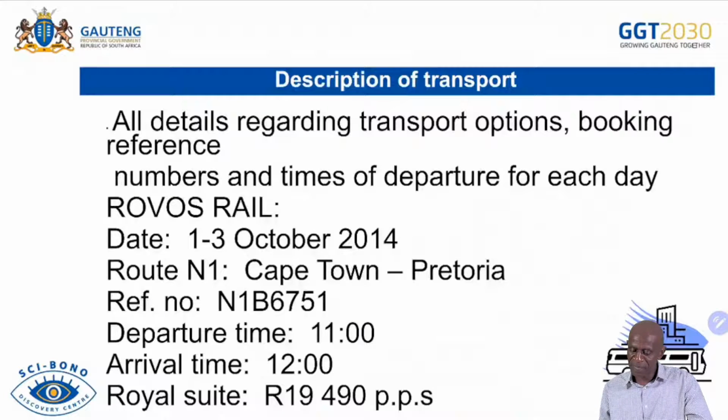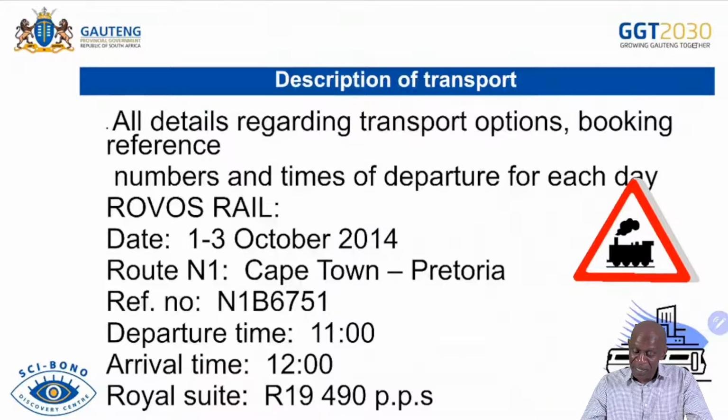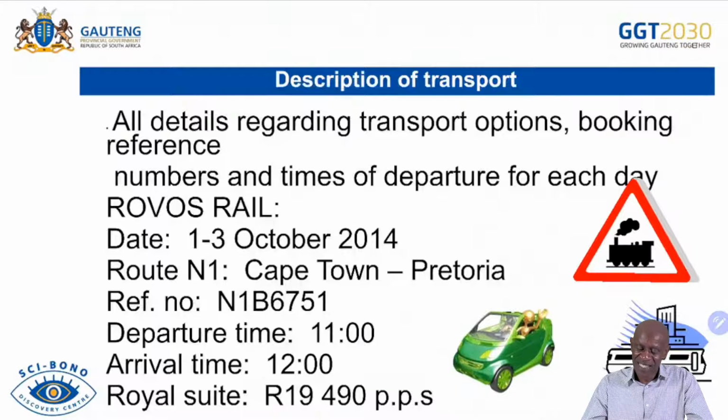And here is the picture of transport. I'm not being biased here. A bus is commonly used, as is the train, and road transport in the form of a car.